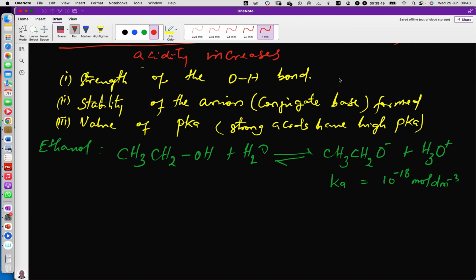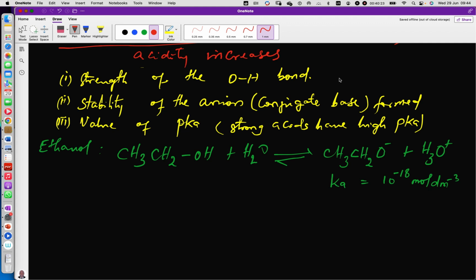The acidity increases from ethanol to water to phenol and to ethanoic acid. We want to see the reason why ethanol is the weakest acid. In solution, it will form the ethoxide ion. It has a Ka of 10 to the minus 18 mole per dm cube.